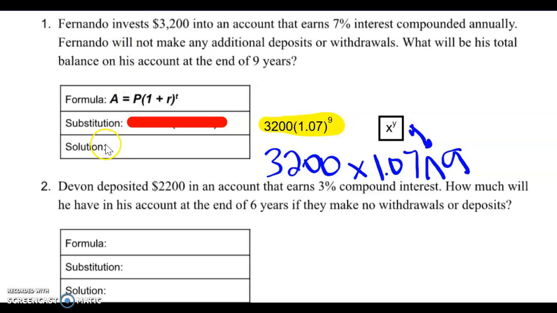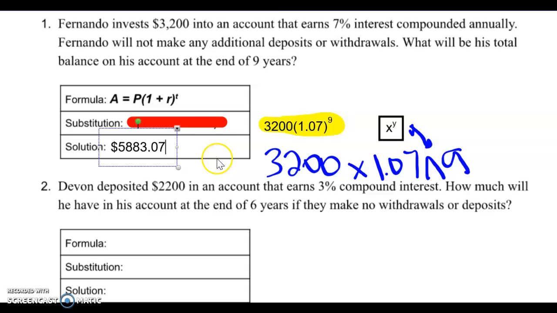I'm going to go back to typing this answer in. I got the following answer, which is $5,883.07.